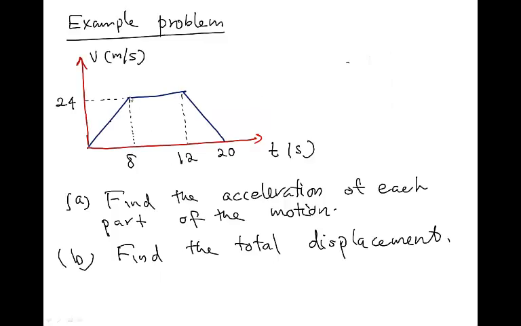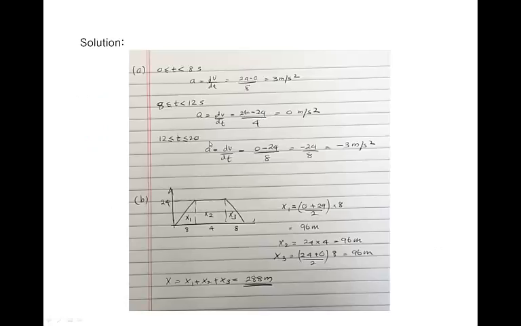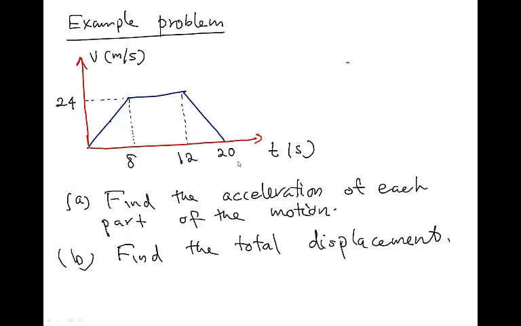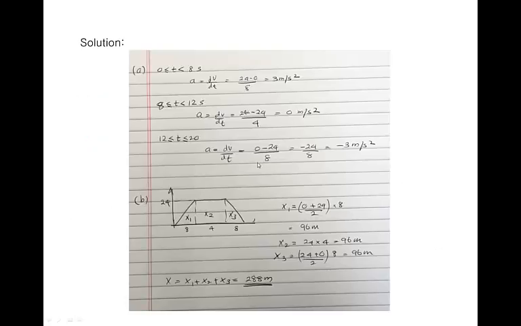And in the second part, the slope is 0, so the acceleration is 0. And in the third section, this is a deceleration, so the slope is 0 minus 24 divided by 20 minus 12, which is 8, so it's a negative 3 meters per second squared.